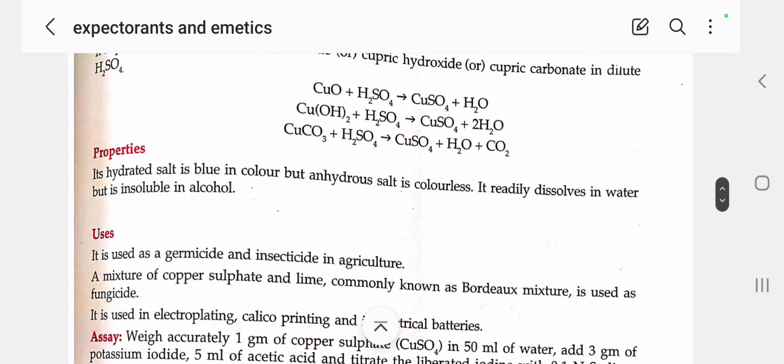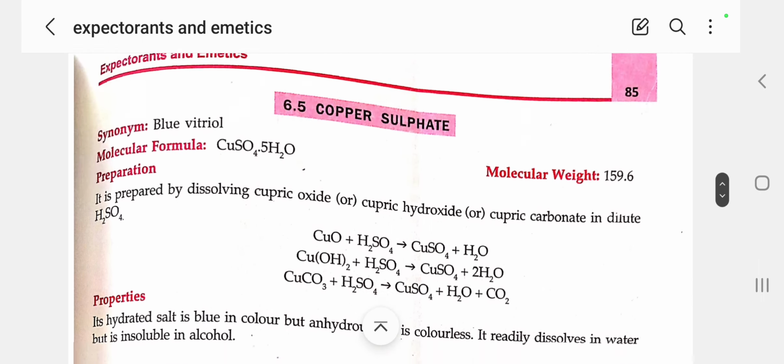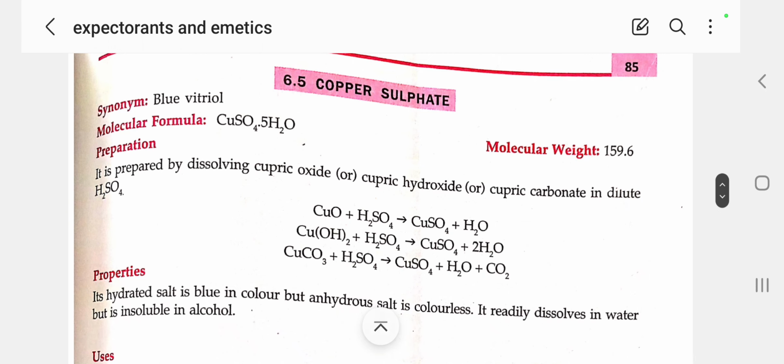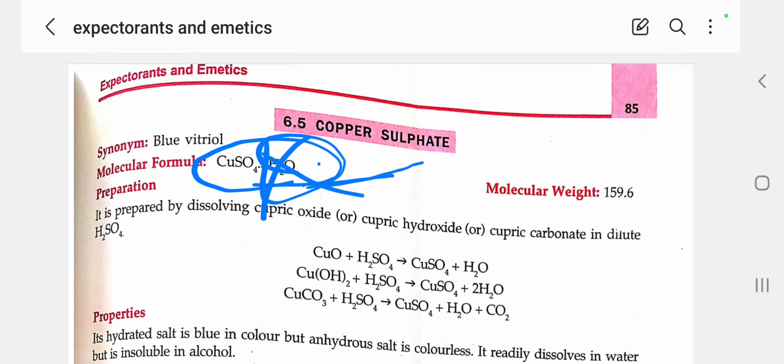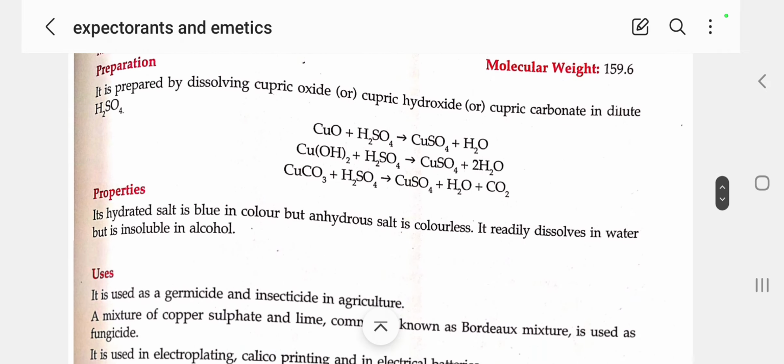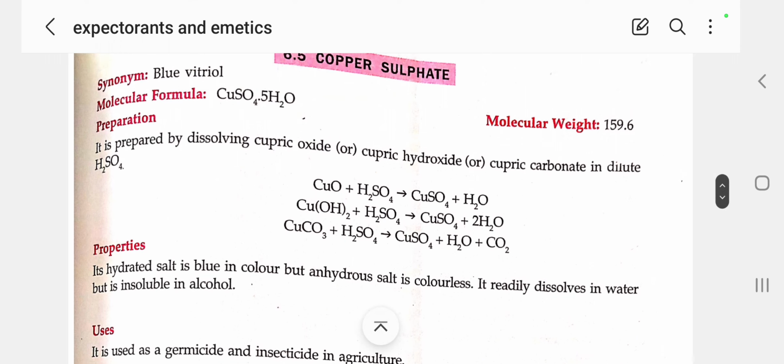Now let's see about properties. It is blue in color, but anhydrous is different. Here it is in hydrous form. If water molecules are attached to the molecular formula of a substance, that is hydrous nature, and anhydrous means without water molecules.